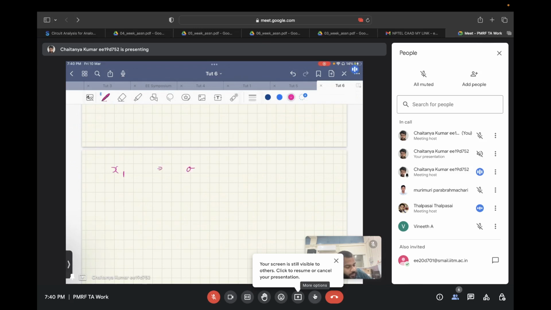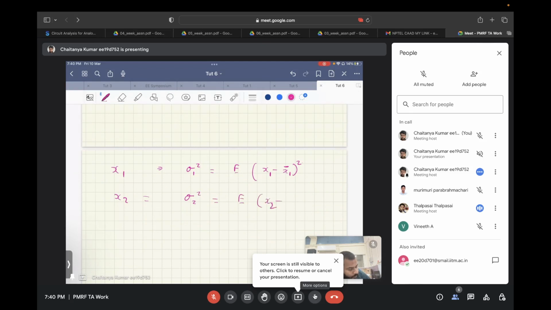What is sigma 1 square? That is the expected value of x1 minus the average value of x1, whole square. Correct? Yes, sir. What is it for x2? Same, so sigma 2 square is the expectation of x2 minus x2 bar, whole square.